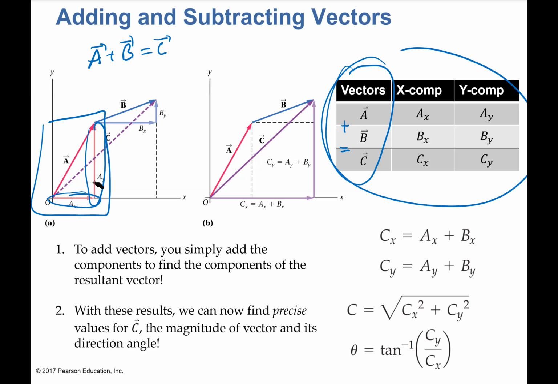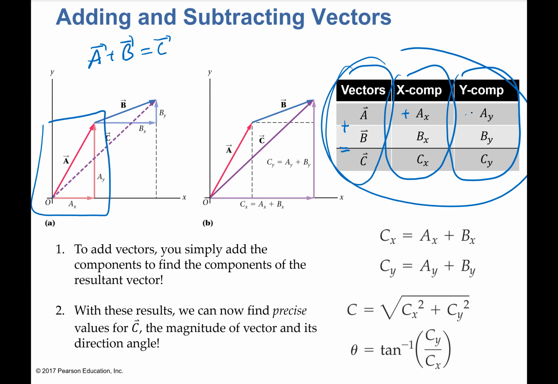So I take vector A and I break it down into components, X component and Y component. And then I make another column where these are X components, and I write down, okay, this is my Ax. All right, so remember, Ax is to the right, so it's positive. Remember, vector A is in the first quadrant. And then here I write another column, and this is the Y component.